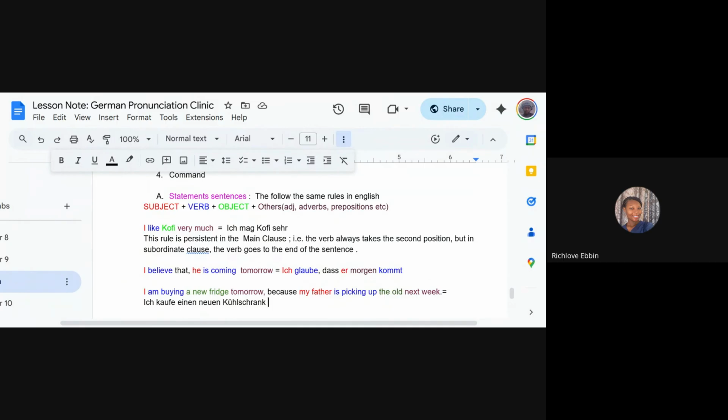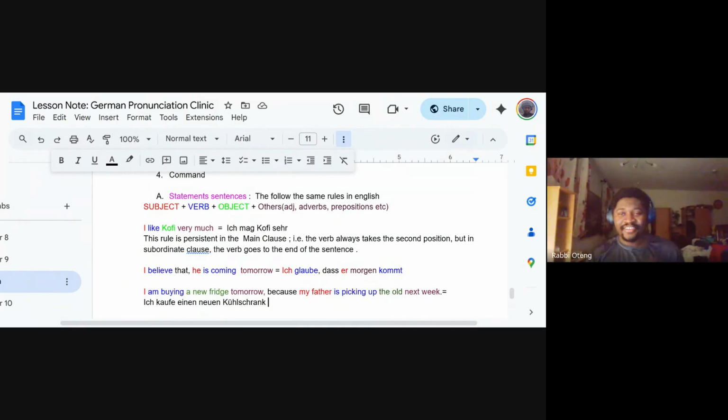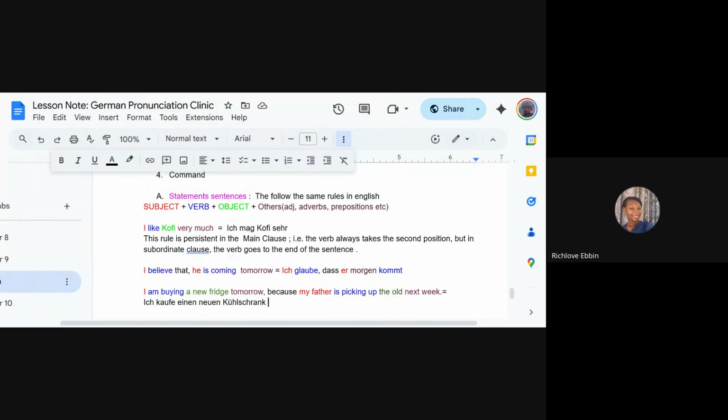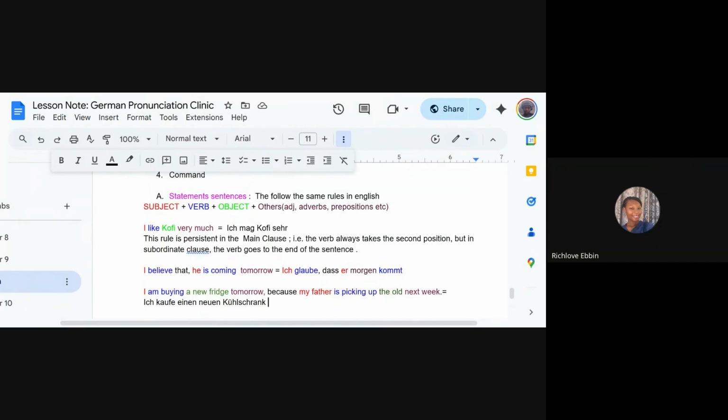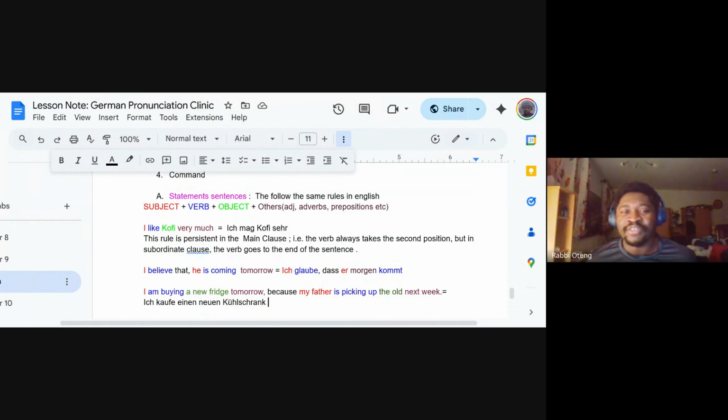You forgot your tomorrow. Ah, yeah, okay, so I can start with tomorrow. But can I bring it at the end? No. If you start the sentence with the subject, then the time will come before the direct object, because in German time is essential.